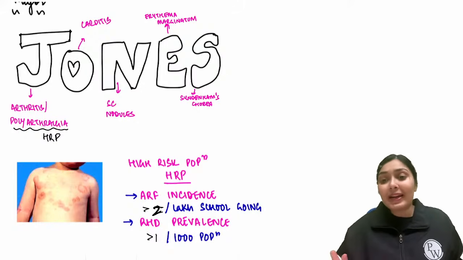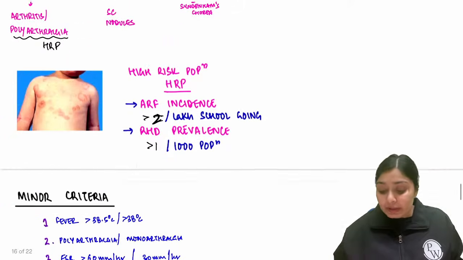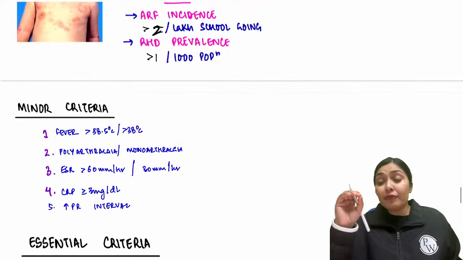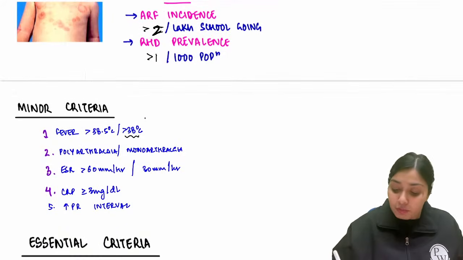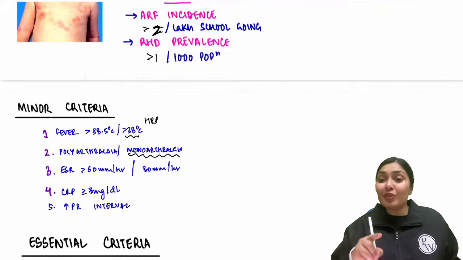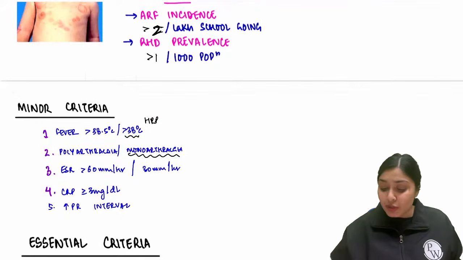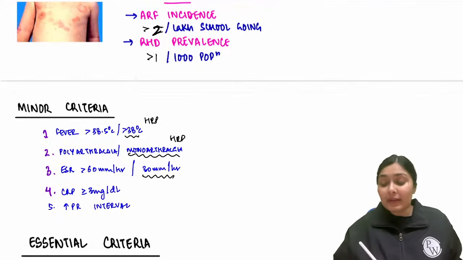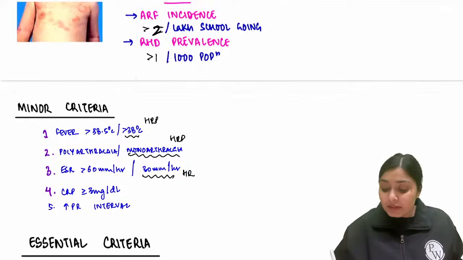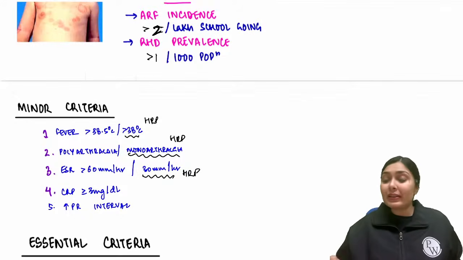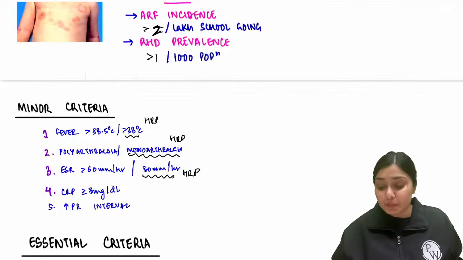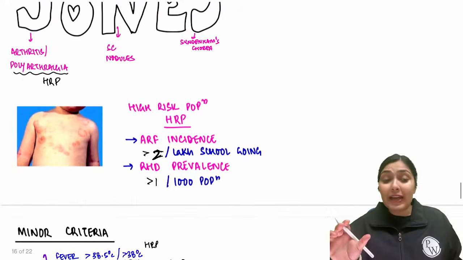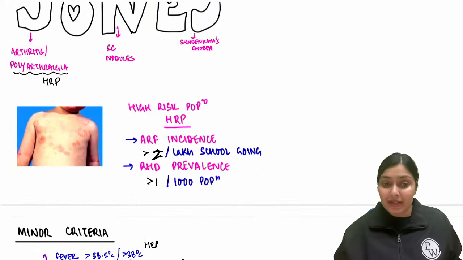Otherwise, arthritis is the major criteria. Similarly, in minor criteria, the fever degree would be less for me. And obviously, polyarthralgia is major in cases of high risk population. Mono will be minor. And similarly, ESR more than 30 would be for high risk population, right?